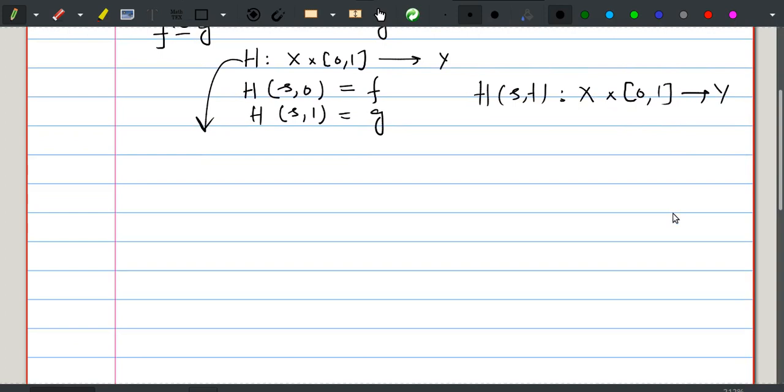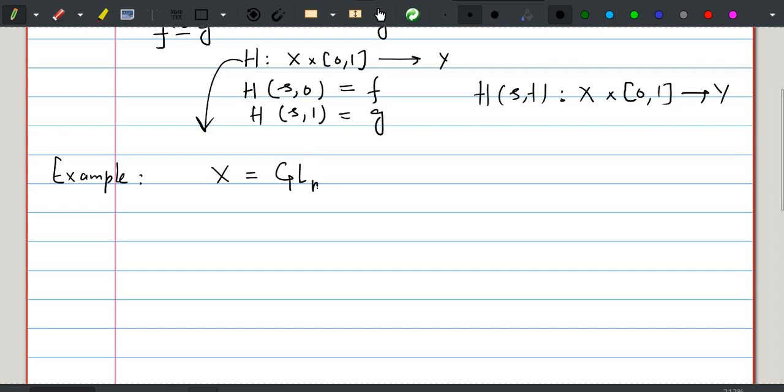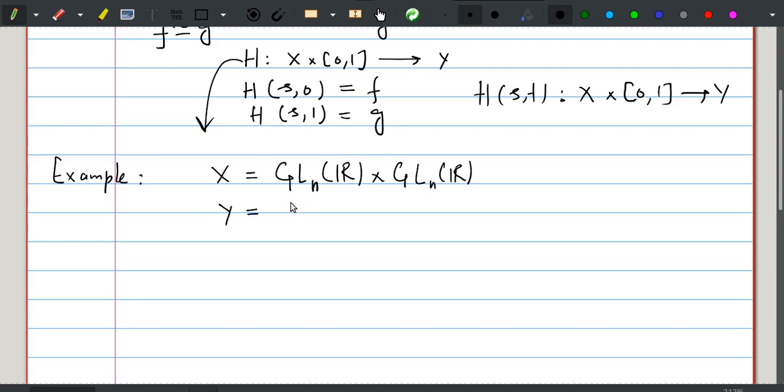For example, let us take the topological space X to be the set of general linear matrices, and Y be another topological space of general linear matrices of order 2n.